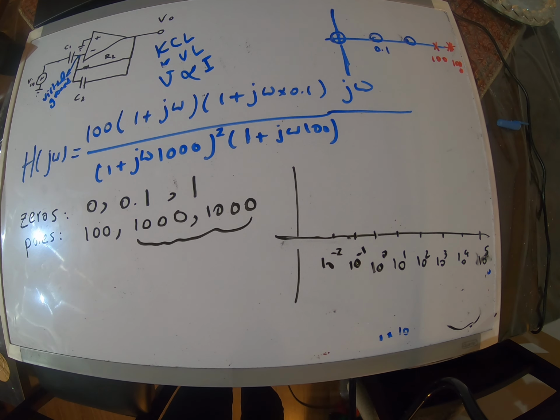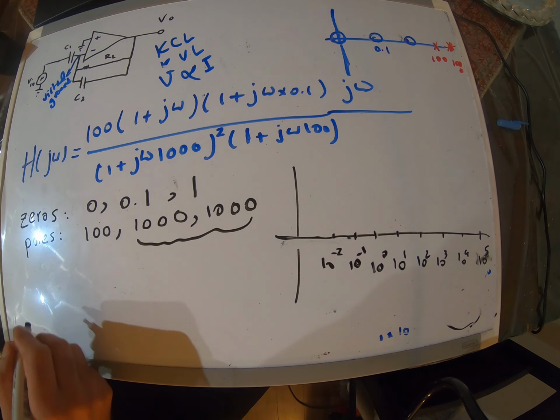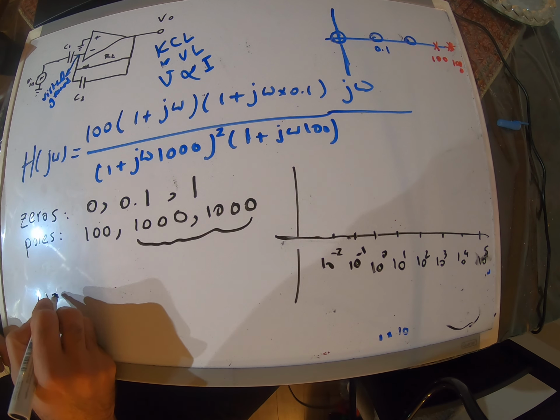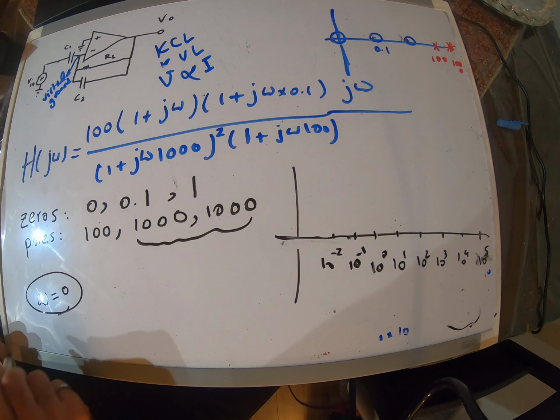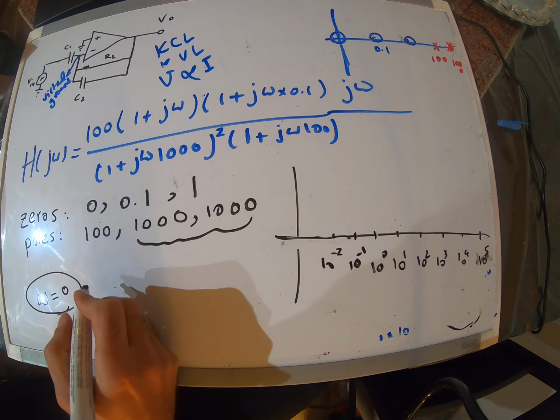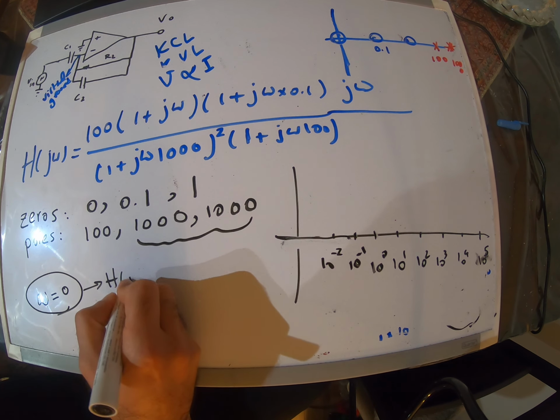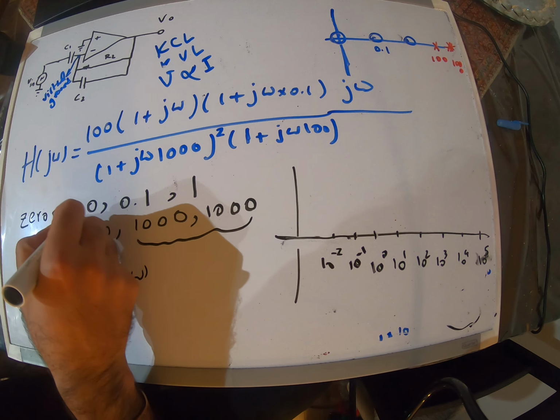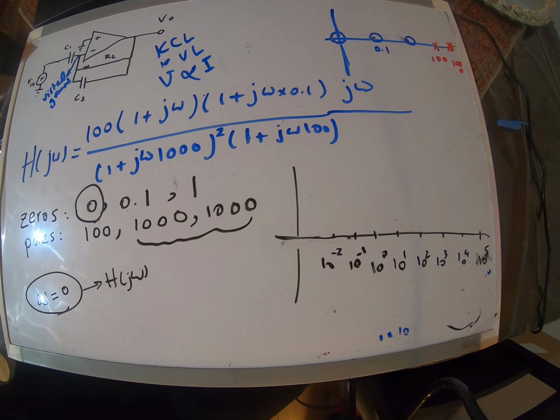Okay, so first of all, let's say at omega equal to 0, what is our transfer function's value? Because of this zero, it's going to be 0, right? So we have a zero at the origin, right?